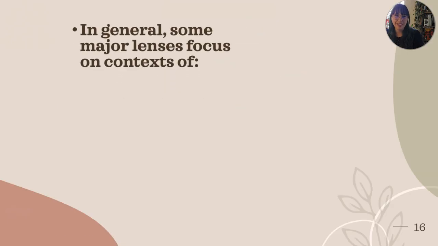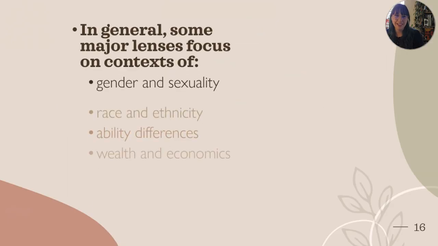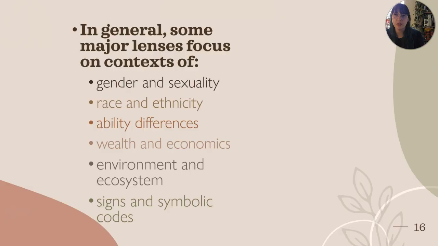So jumping in, in general there are some major context areas that we see throughout all of higher education across the curriculum: gender and sexuality, race and ethnicity, ability differences or disability studies, wealth and economics, environment and ecosystem, and then signs and symbolic codes.